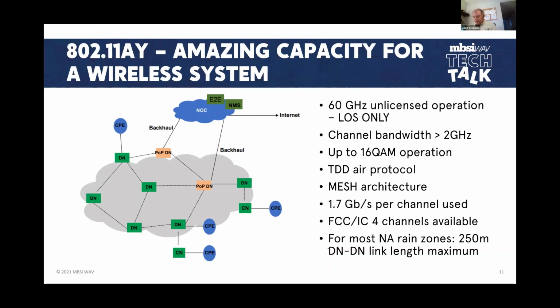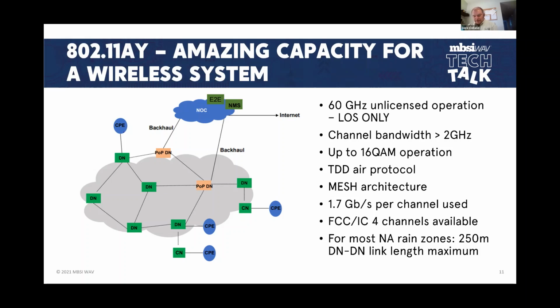So here we go. Our first incarnation of this 802.11ay protocol is in Facebook's Terragraph system. So here we are at 60 gigahertz, unlicensed operation only. That means that at 60 gigahertz, the range is going to be somewhere between 100 meters and maybe 1 kilometer, depending on the antenna types and what you're doing, that kind of thing.